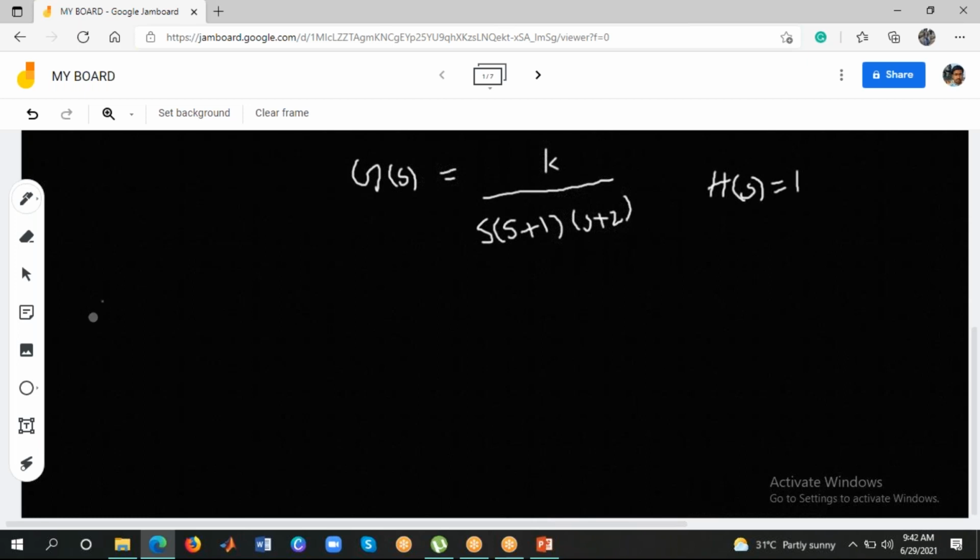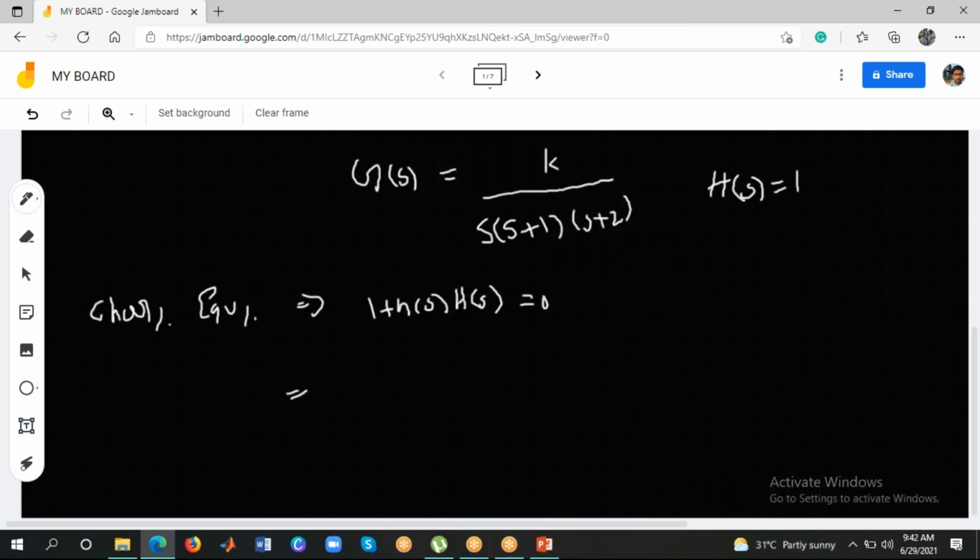Now the characteristic equation is given by the formula 1 plus G of S H of S equals 0. So this is the formula for characteristic equation.